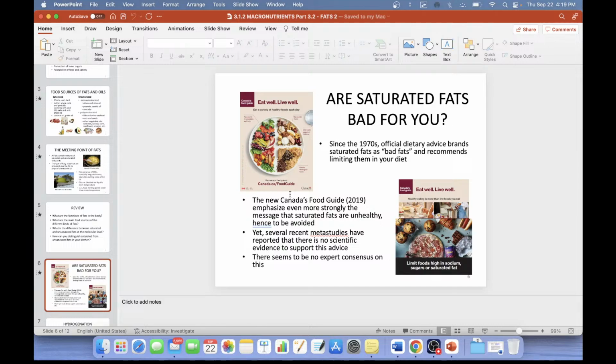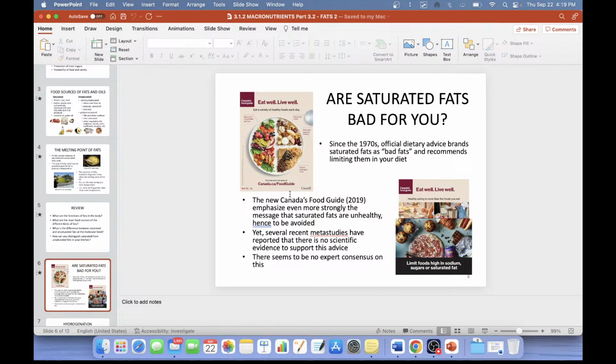So here you have a reproduction of a part of the Canada's Food Guide that says limit foods high in sodium, sugars, or saturated fat. Okay? So sodium, sugars, and saturated fats are bad nutrients that you should limit in the diet.